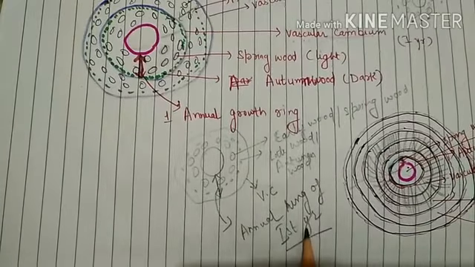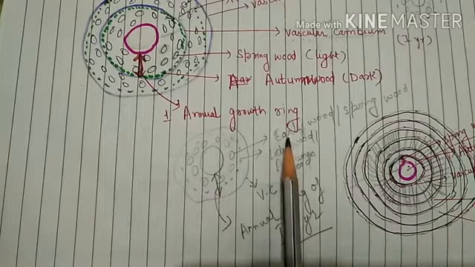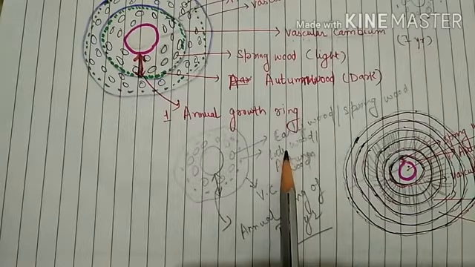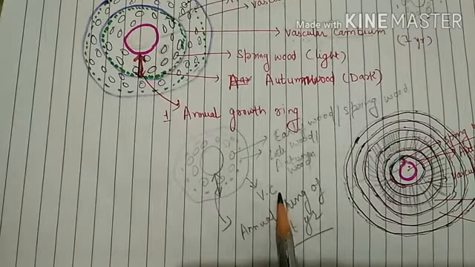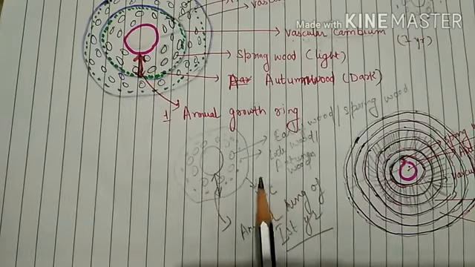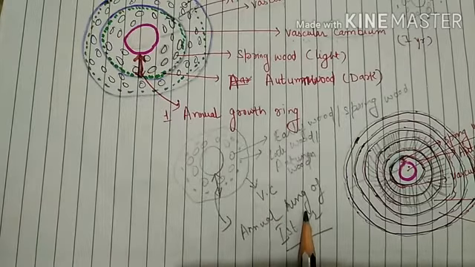The first year growth of the annual ring, that is early wood and late wood, which is developed from the vascular cambium during the first year growth of a plant, is known as the first year annual ring.